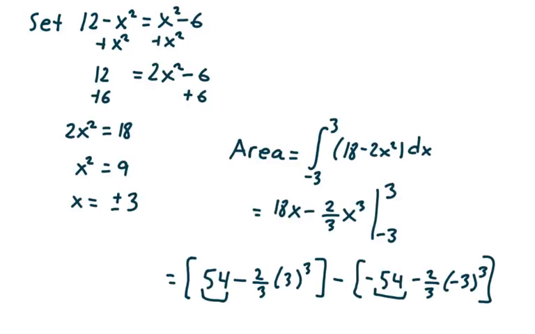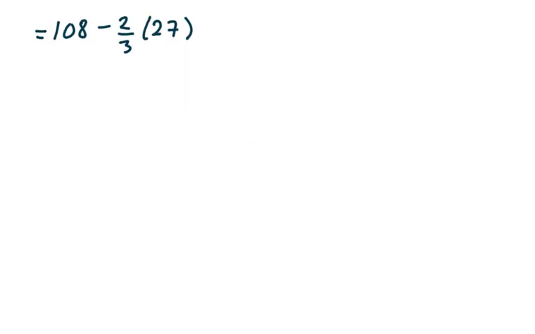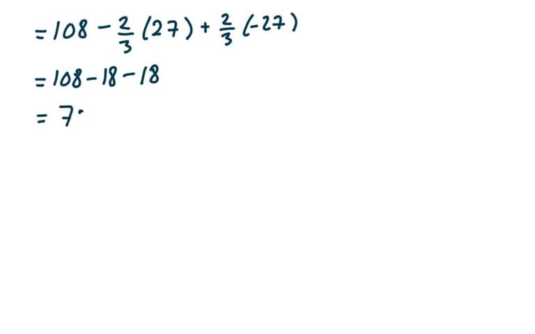And I'm going to come over here, and I'm going to subtract a negative, which just basically means add. So I'm going to add 2/3 of -27. And so this is 108 minus 18 minus 18. And so what would that be? 72. And that's how we do problem number 19.